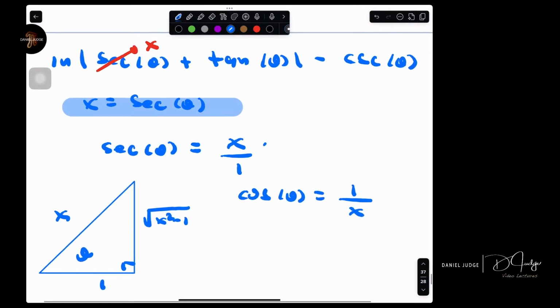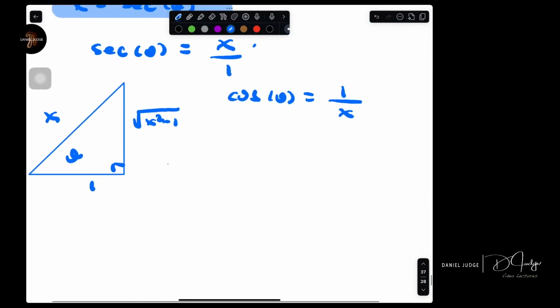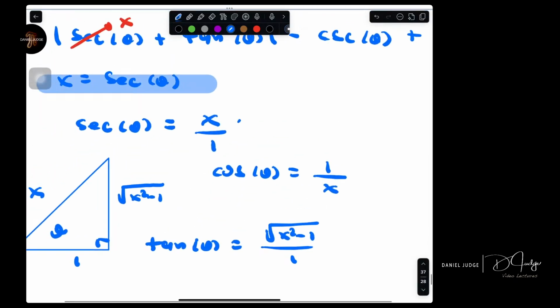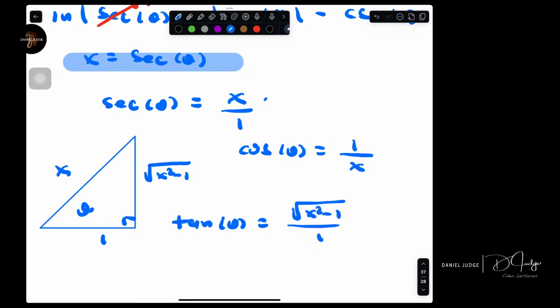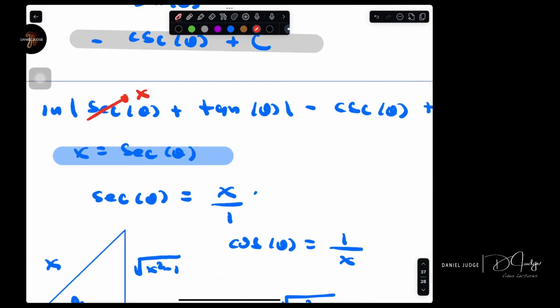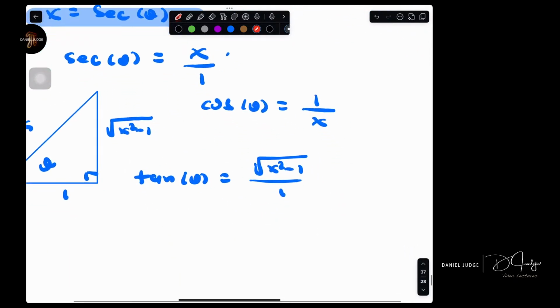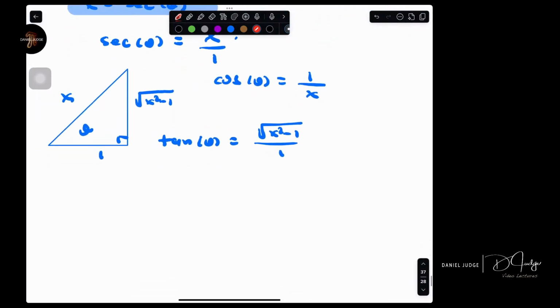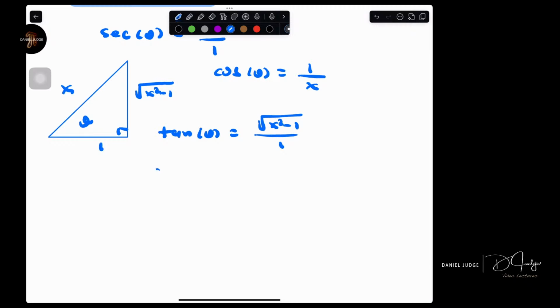Now, what do we need? We need both cosecant and tangent. Tangent is opposite over adjacent, so that's simply the square root of x squared minus 1. Cosecant now. We need to know what sine is.